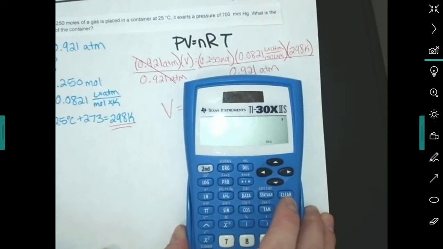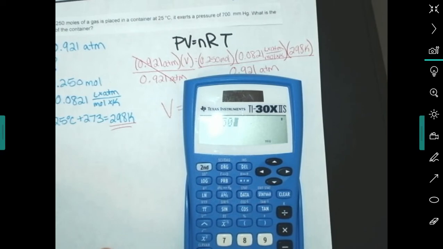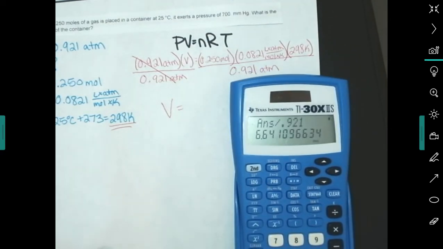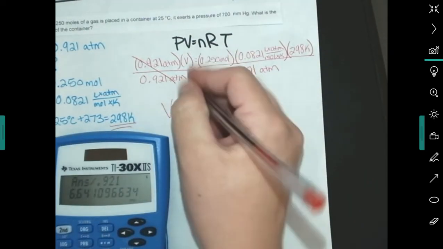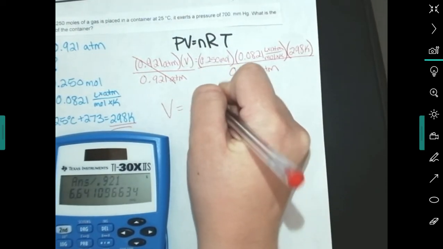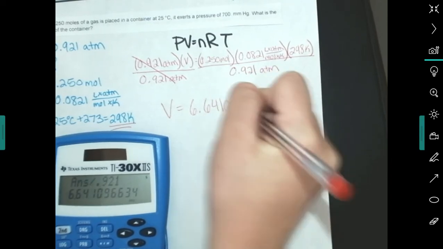So I'm going to do my 0.250 times 0.0821 times 298 divided by 0.921, and I get 6. Oh, can you guys see that? 6.64 blah blah blah. Okay, so that's what you should have gotten. 6.641096 dot dot dot.